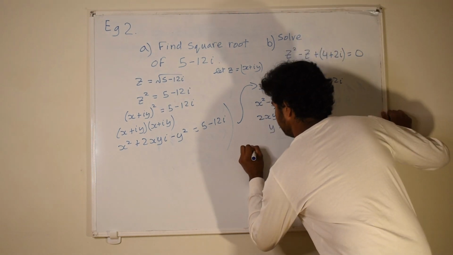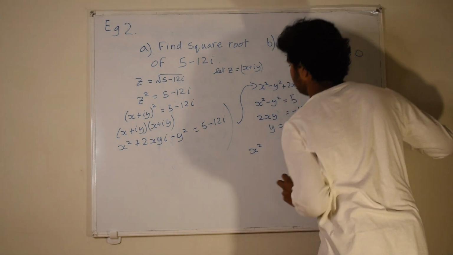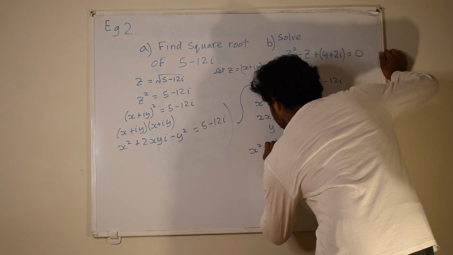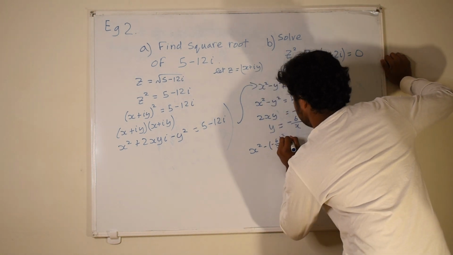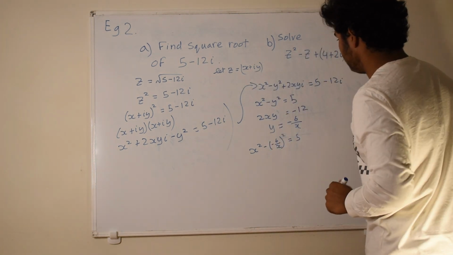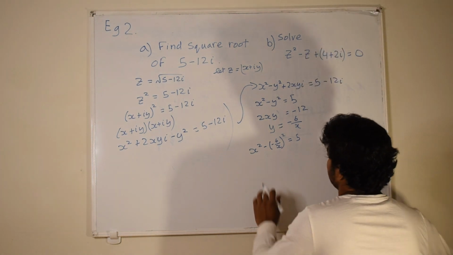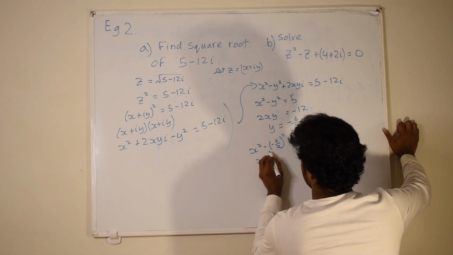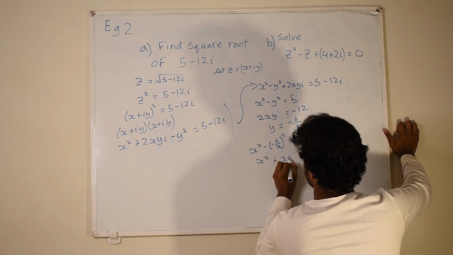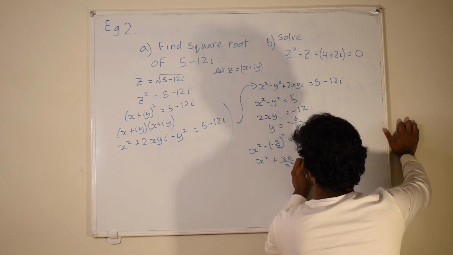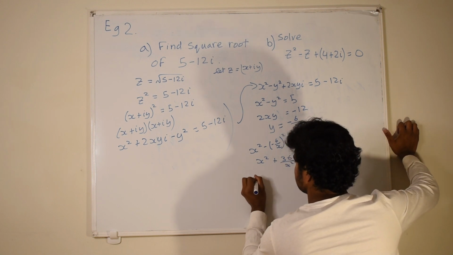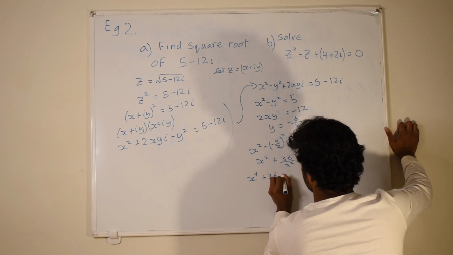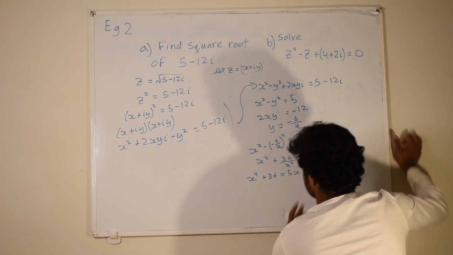So we go x squared minus (minus 6 upon x) all squared equals 5. Multiplying both sides by x squared, we get x to the power of 4 plus 36 equals 5x squared.